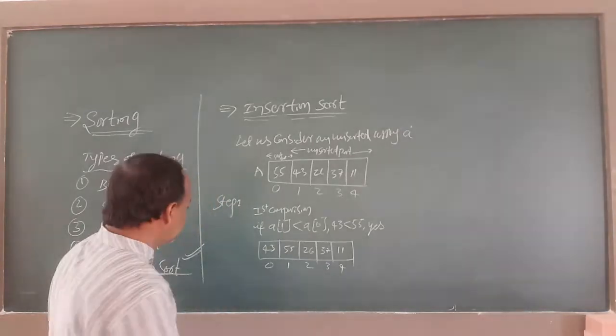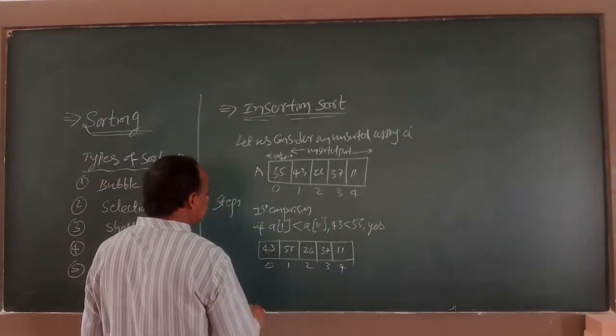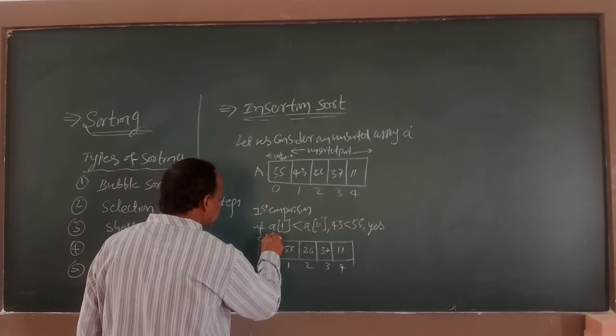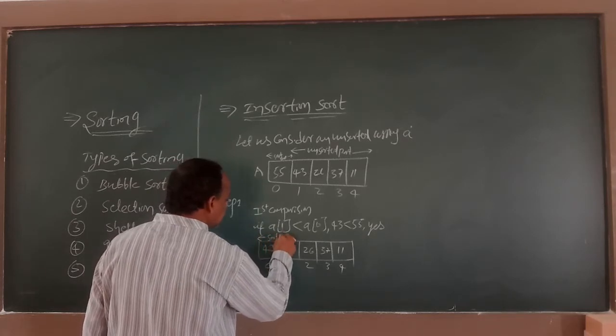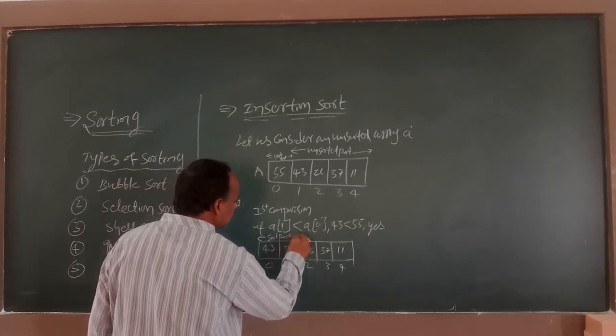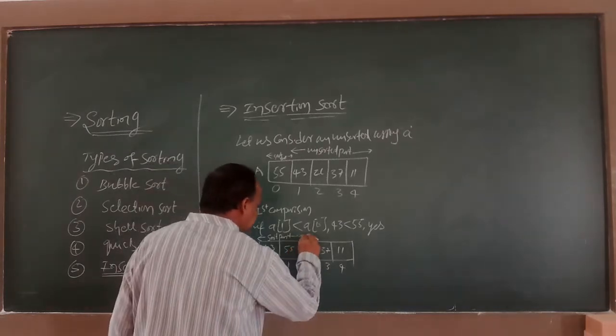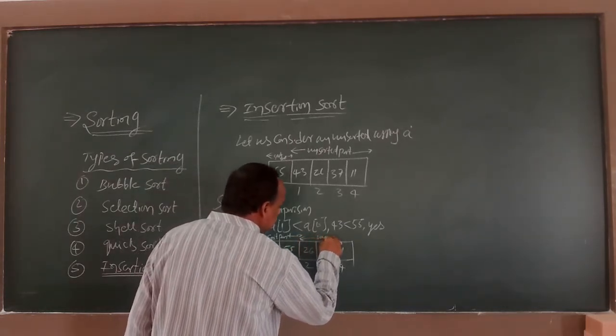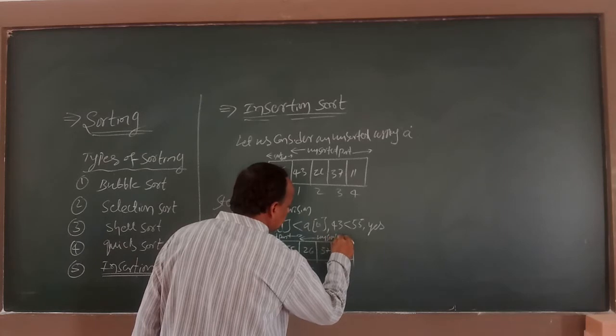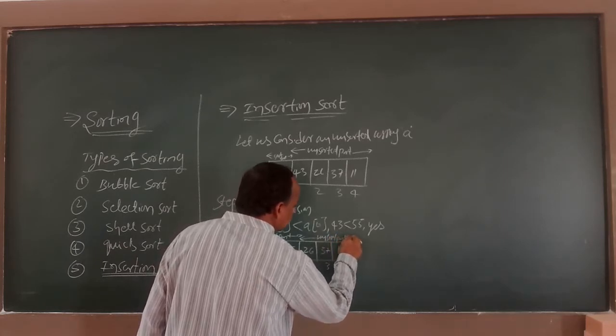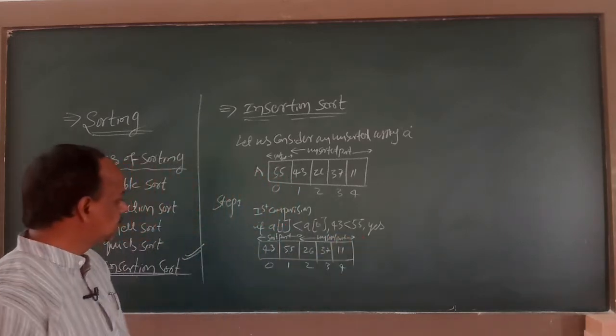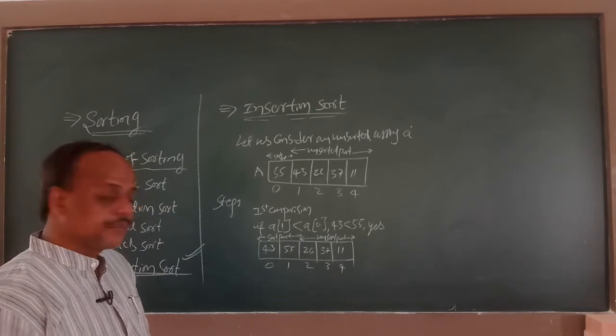Now 2 elements are sorted. So this is the sorted part, and these 3 locations represent the unsorted part.